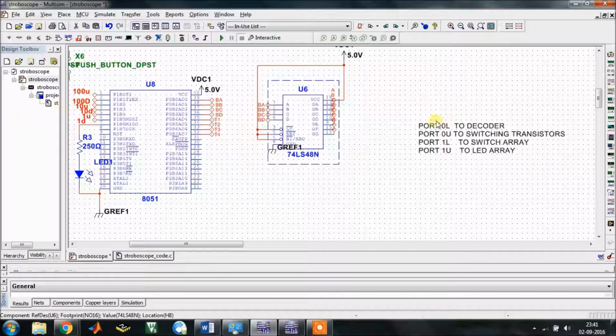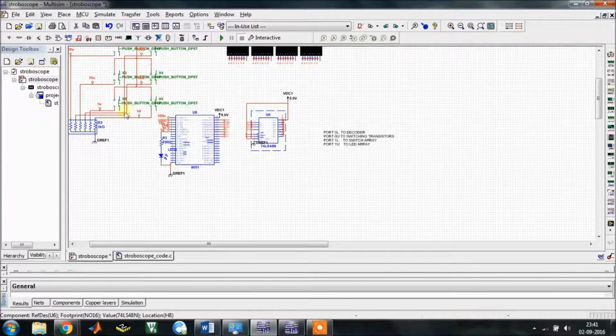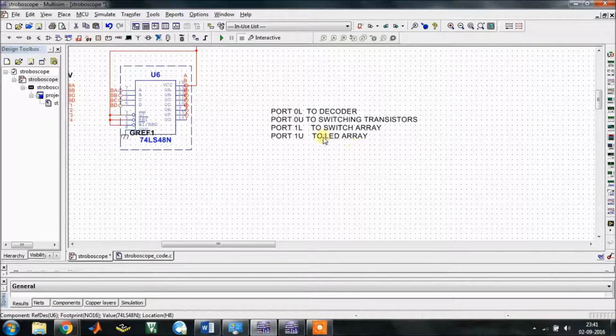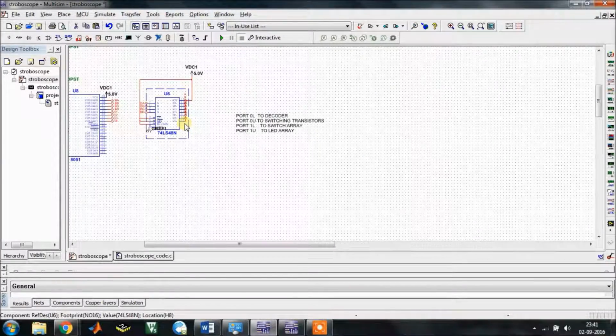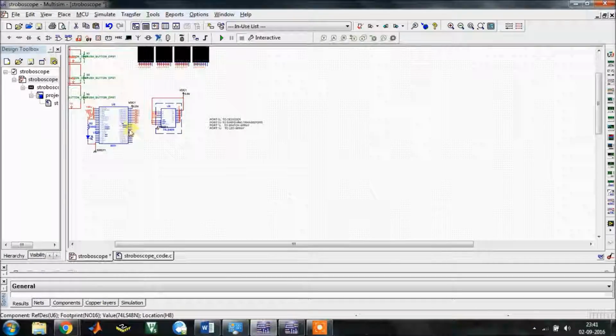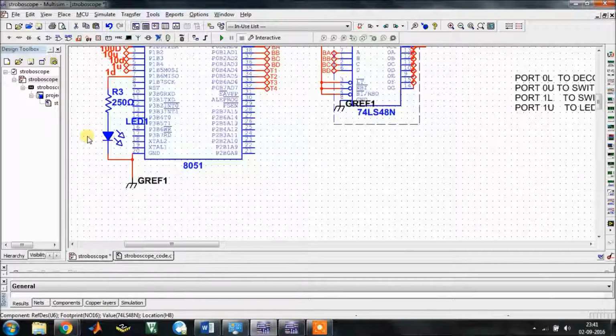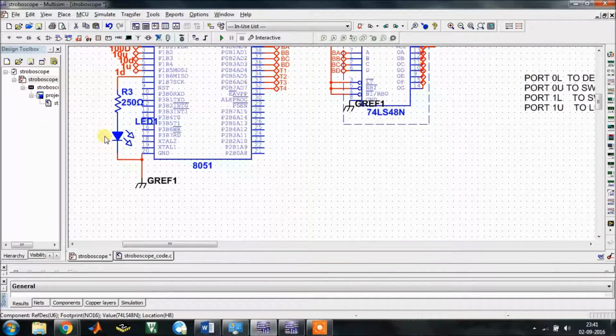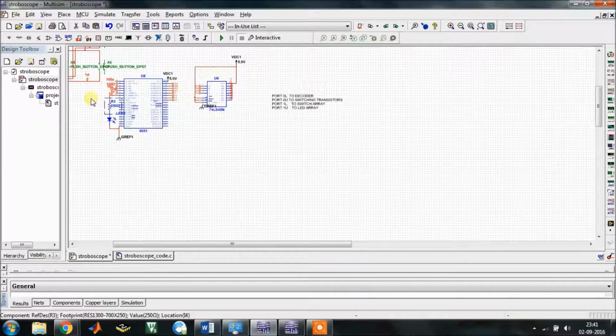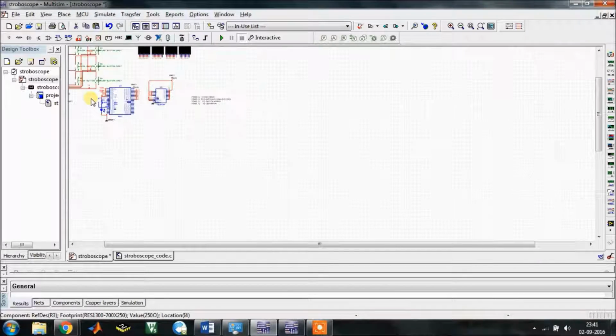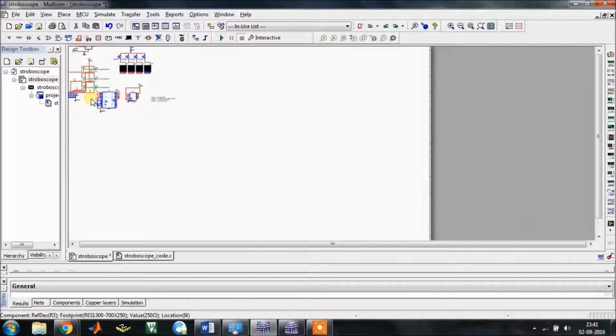Port 0 lower is connected to the decoder, port 0 upper is connected to the switching transistors, port 1 lower is connected to the switch array, which is this one, and port 1 is connected to the LED array. But we are not using any kind of LED array, we are just using one single LED. I'm sorry about that. And then this is the 250 ohm current limit resistor that we are using for the LED, and that's about it.